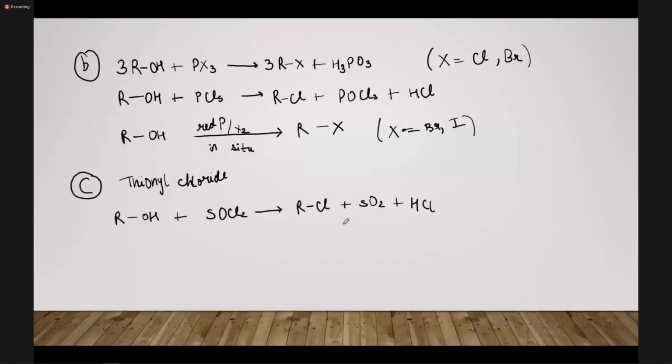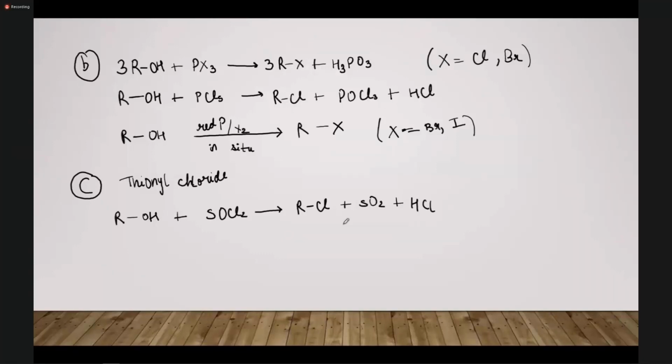Now these methods that we have just studied, all these three categories, do not apply to the aryl halides, because in aryl halides there is a phenyl ring, a benzene ring there. So the carbon oxygen bond in the aryl halides has a partial double bond character.